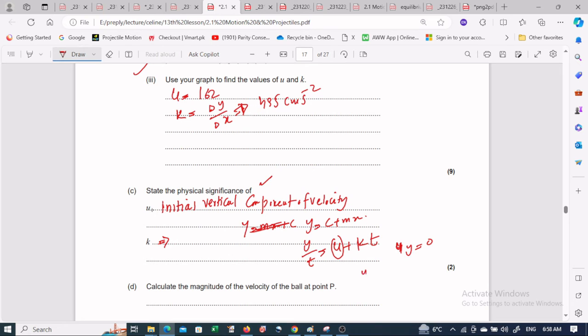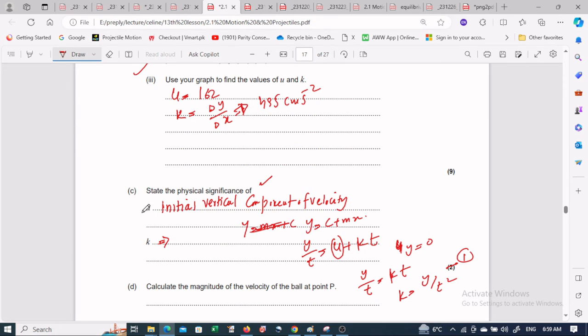So our equation comes to y over t is equal to kt, so here we can find k is equal to y over t square. Okay, so this is equation 1, for example.